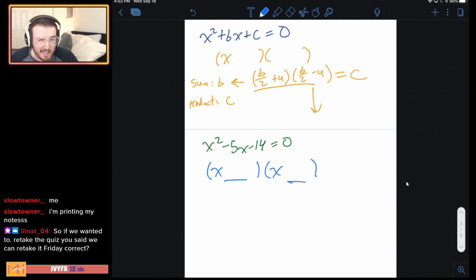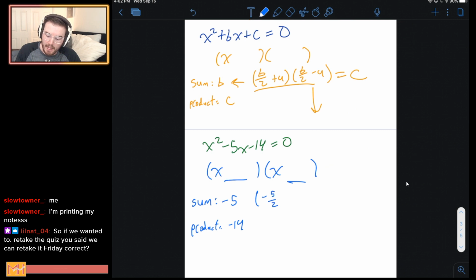You might see it guess and check wise, right? Again, what are we looking for? We're looking for two numbers whose sum is -5. They add to the middle number, -5, and multiply to the last number, -14. Well, they take the form -5 halves plus u and -5 halves minus u.